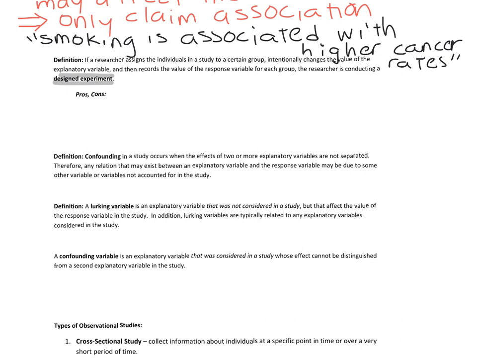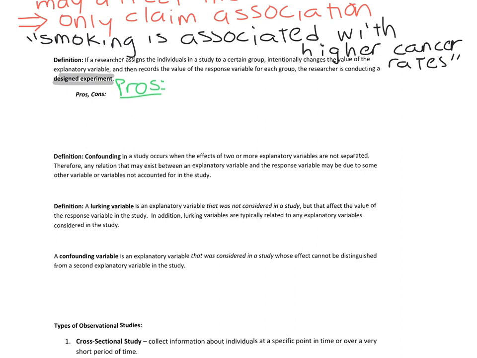So pros, a big pro is that because the researcher is controlling everything, so for instance, if we're talking about the smoking example, that means the researcher is controlling everything that could also contribute to lung cancer. Maybe they're controlling the diet, the amount of exercise they live. Somehow they're grouping them together with similar genetic makeups.